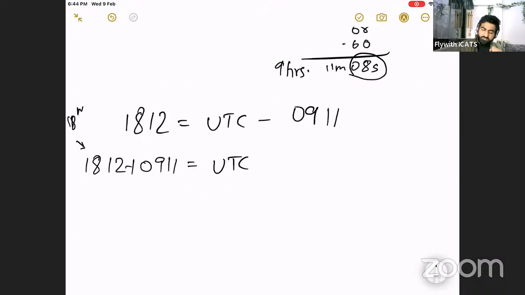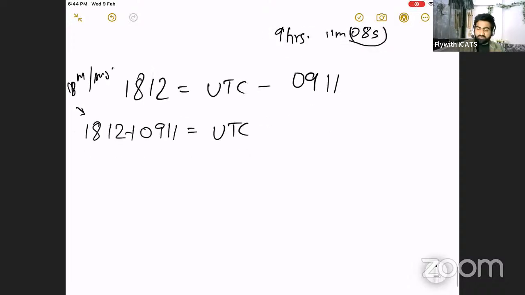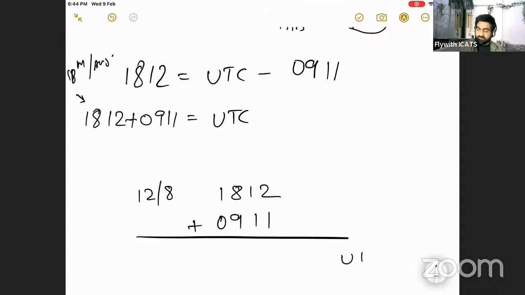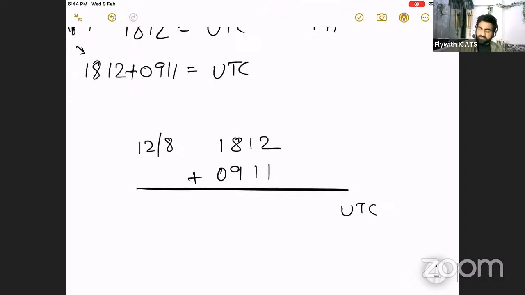Now to find UTC we have to do an addition. Simple. So what we'll do: 1812 on 18th of August plus 0911. So 2 plus 1, 3, 1 plus 1, 2, 8 plus 9, 17, 27. Now 27 goes beyond my 24-hour limit. So what do I do?